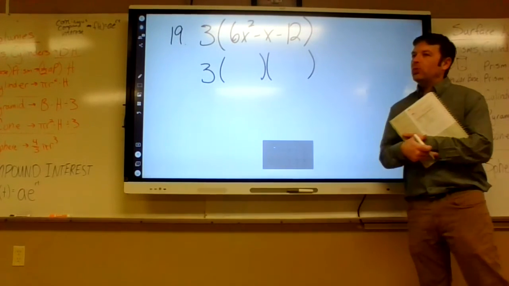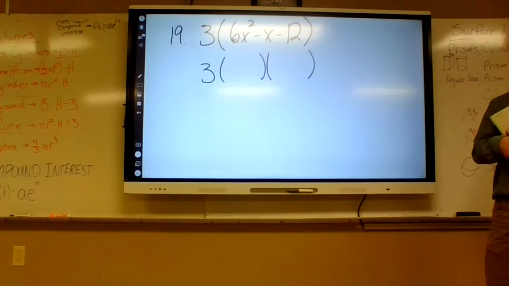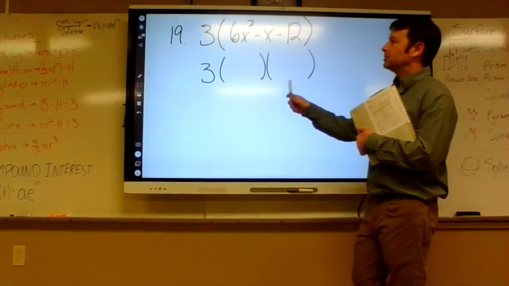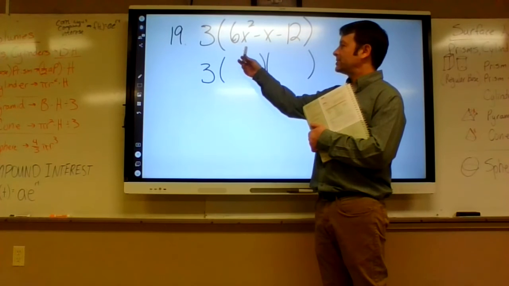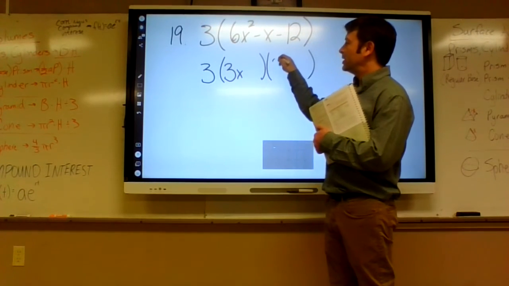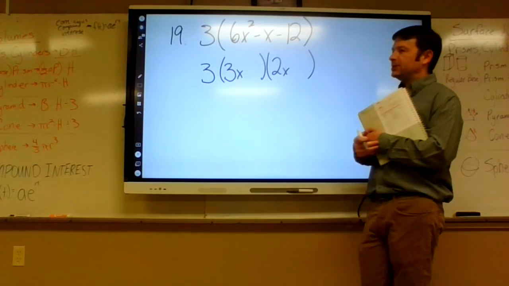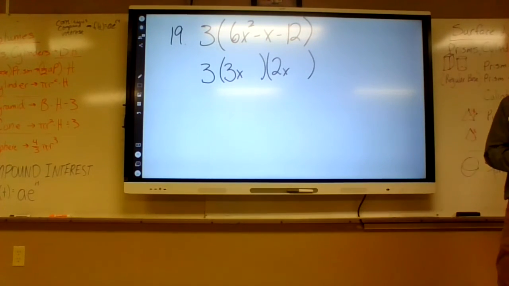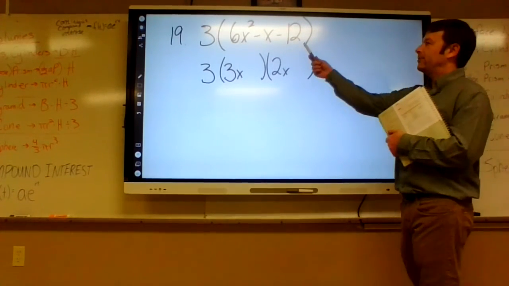Okay, what am I going to put in the front of those parentheses? Probably 3x and 2x. Could be 6x and 1x. The book doesn't usually use the extreme pairs though. Okay, what might I possibly put in the back?